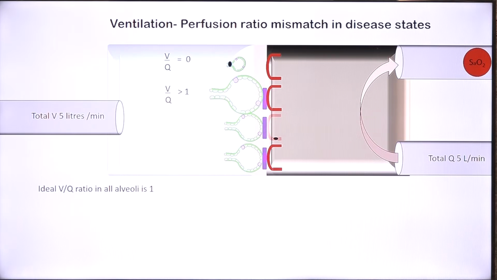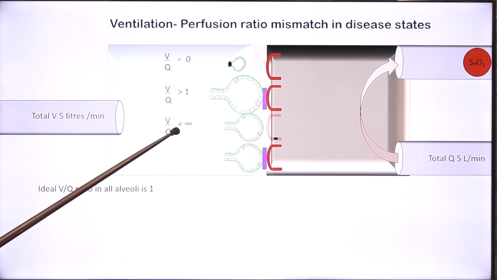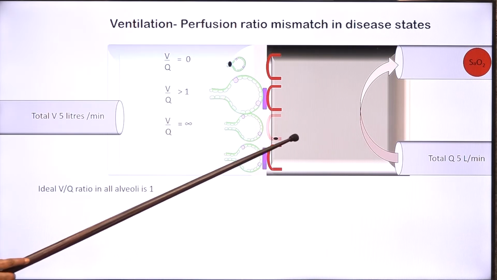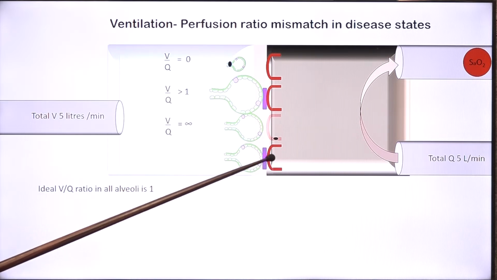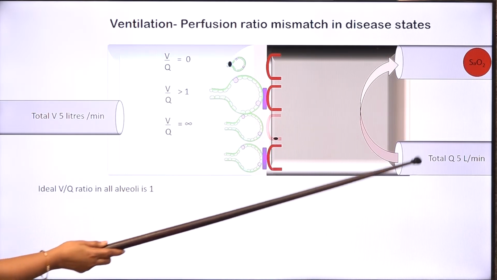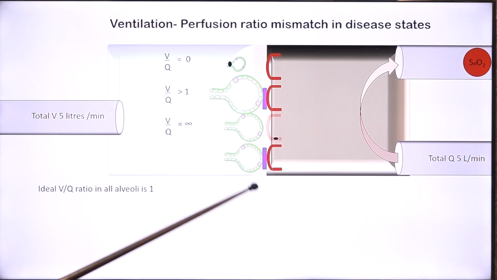Now, this will result in 0 blood supply to that alveolar unit, and therefore there is no gas exchange there. The VQ ratio in this case would be infinity because Q is 0. Now, the blood that did not go into this capillary would now have to go into other capillaries that are there, because we are considering that the total perfusion is normal.